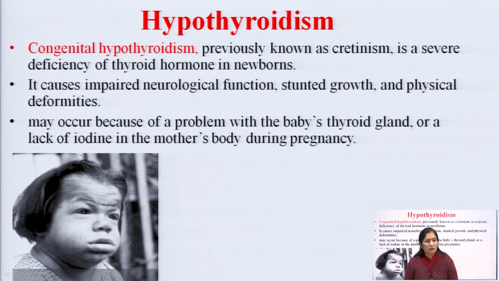In the presence of this deficiency, it will cause impaired neurological function, stunted growth and physical deformities, and it may occur because of a problem with the baby's thyroid gland or a lack of iodine in the mother's body during pregnancy. So, in congenital hypothyroidism, the baby will have stunted growth and be mentally retarded in the absence of thyroid hormone.